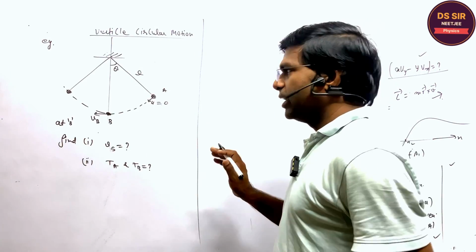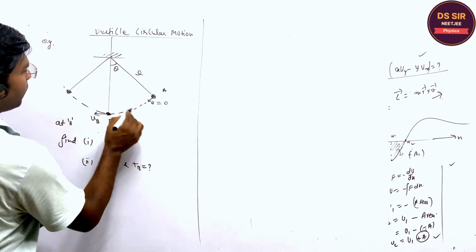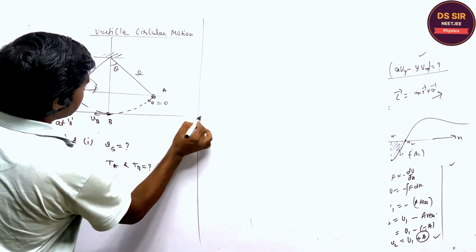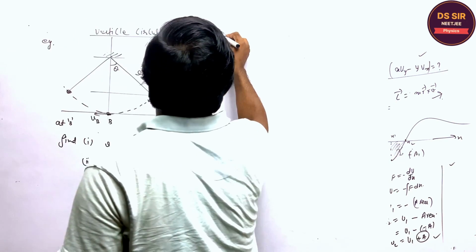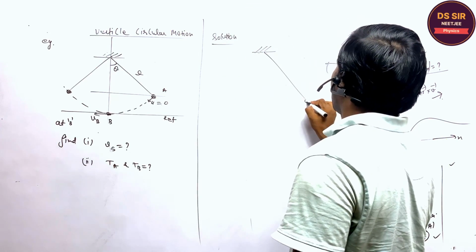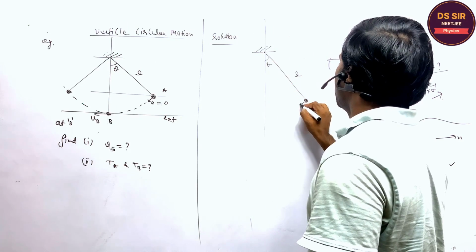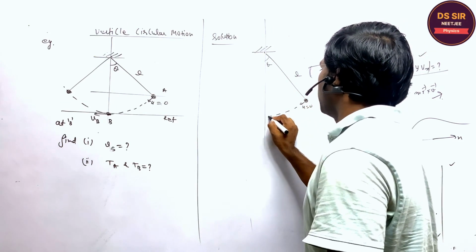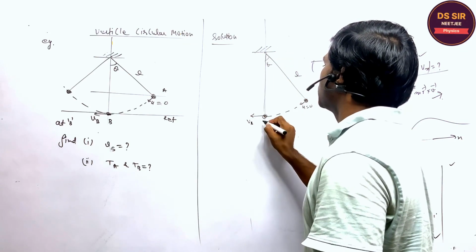First of all, in this question, we will apply the conservation of energy to find the speed from one point to another point, right? Suppose this is the reference. I'm writing the solution this side. When you release an object from rest from length L, and suppose this is the theta, it will come down and move with speed v when it reaches over here.